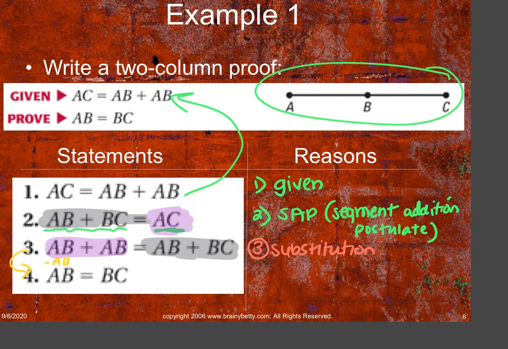Subtraction. Good, Kala. Subtraction property of equality. So from 3 to 4, we took away the AB that was on both sides of the equations, right? But this is not an algebra problem. You can still use addition and subtraction and multiplication and division on segments.